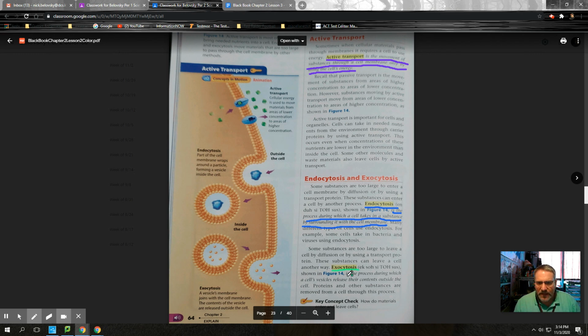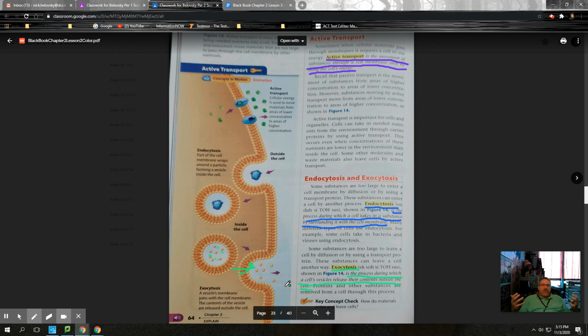Exocytosis is the process during which a cell's vesicles release their contents outside the cell. This right here is waste product. So it moves this here and it releases the particles outside the cell. That is exocytosis.